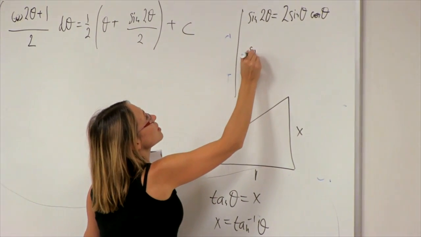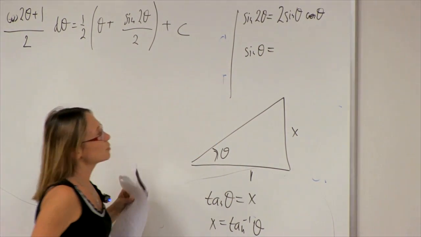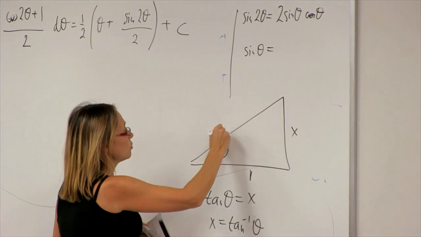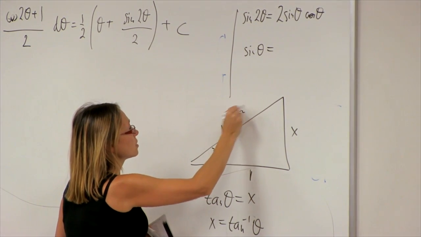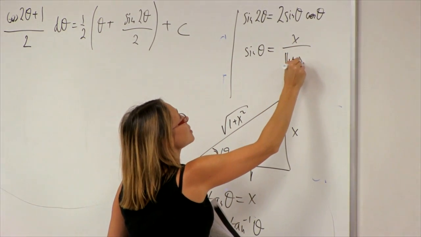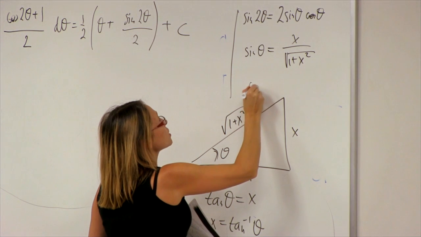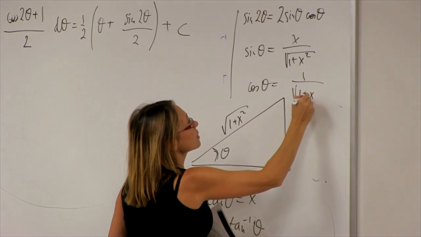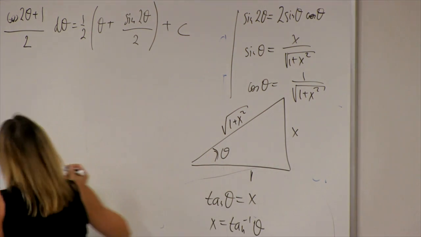What are they? Sine theta. That's something that I can evaluate from the triangle. What's this side? This is going to be square root of 1 plus x squared. So the sine is x divided by square root of 1 plus x squared. And cosine is 1 divided by square root of 1 plus x squared. Now I'm almost done.